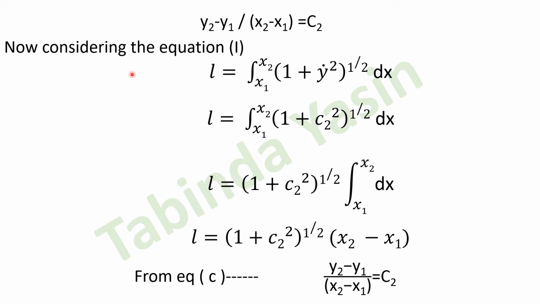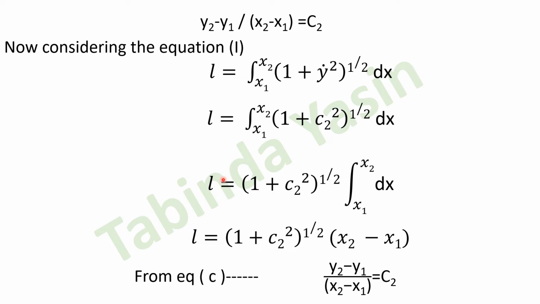Now considering equation 1, we have L is equal to integral x1 to x2 bracket 1 plus y dot squared whole power 1 by 2 dx. As y dot was equal to C2, we write L is equal to integral x1 to x2 of 1 plus C2 squared whole power 1 by 2 dx. As that is a constant, it can be taken out of the integral.